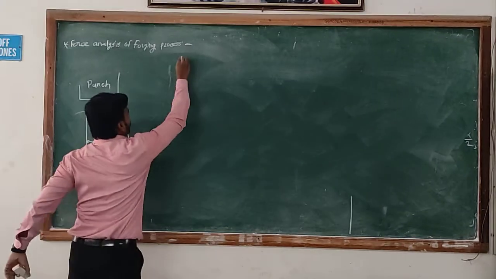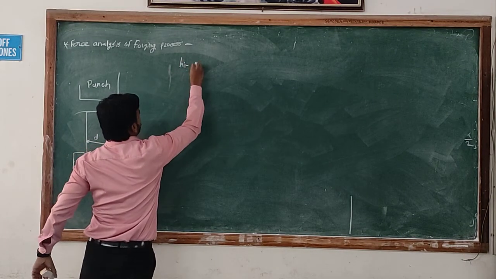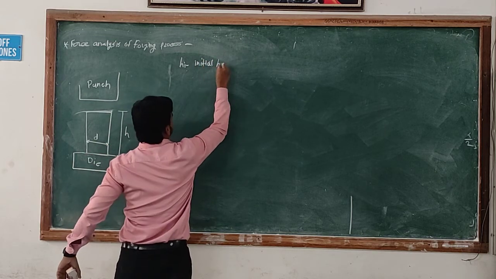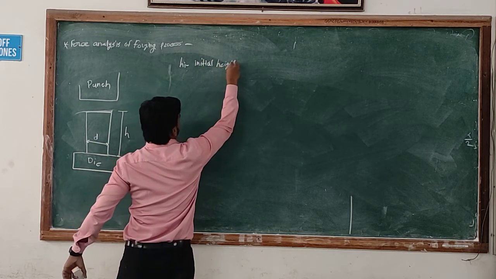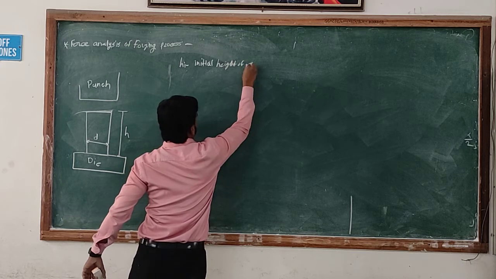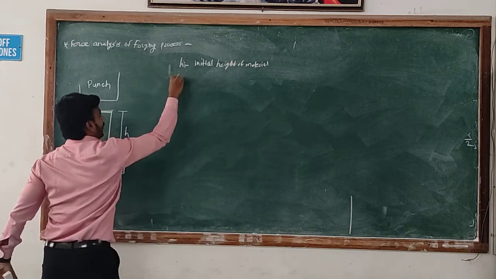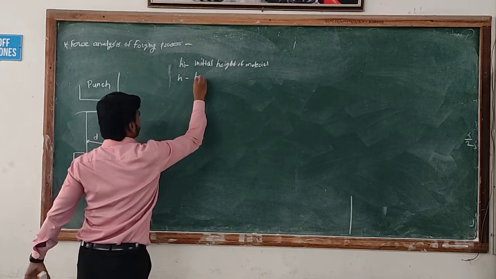We consider hi as the initial height of the material, and h as the height of the material at any instant.